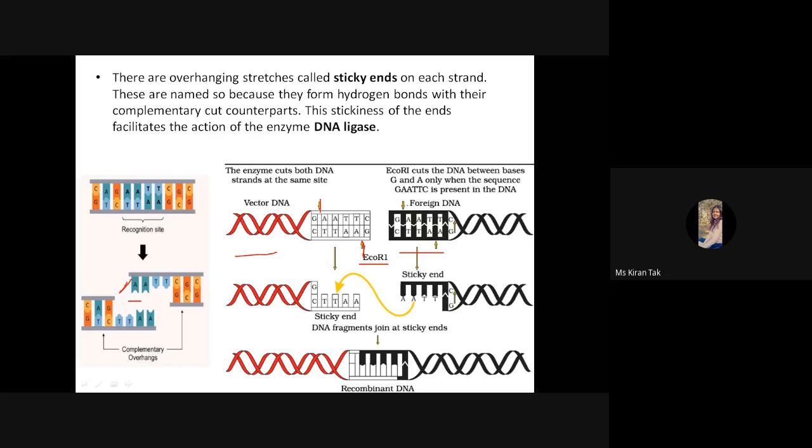And in the foreign DNA, if this sequence is present, it will again cut here and here. After the cutting, sticky ends are produced, and with the help of the enzyme ligase, these sticky ends join with each other and the recombinant DNA is formed. That means this insert is now incorporated in the vector.